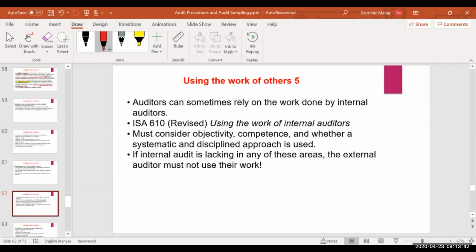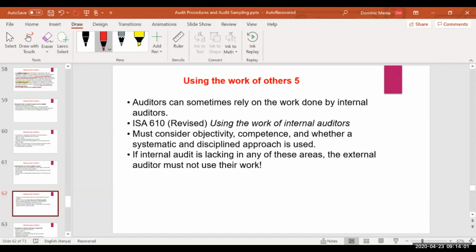At the same time, you may be tied down in some areas where you may want to use their expertise and their work, for example, on the inventory count. If possible, you attend the inventory count as an auditor.